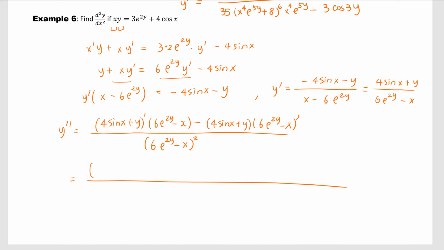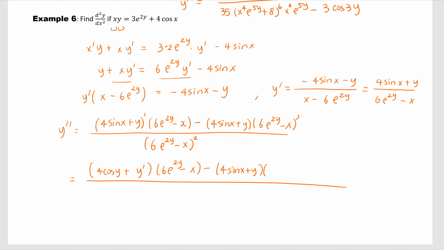Okay, parentheses stay there. Derivative of sine is cosine. Derivative of y is y prime, right? Just leave it there. 6e to the 2y minus x, minus 4 sine x plus y.